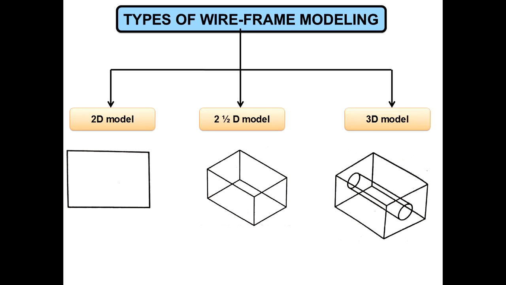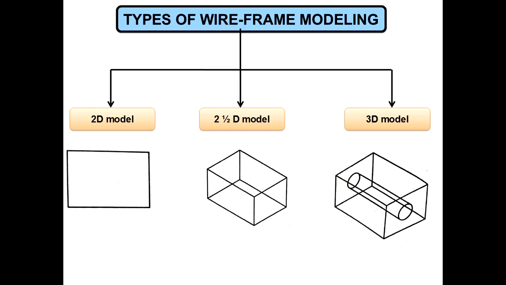Then we have the 3D representation. You can see now the 3D model. The 3D model is used for three-dimensional representation. You can see here clearly this three-dimensional representation of the object with the side wall details. Any side wall details can be easily represented in the 3D model. These side wall details, the dotted lines, the hidden lines, all can be very easily represented in the 3D model.